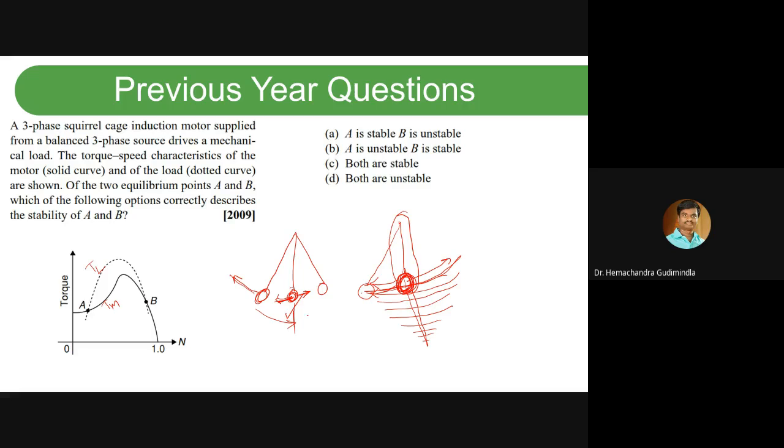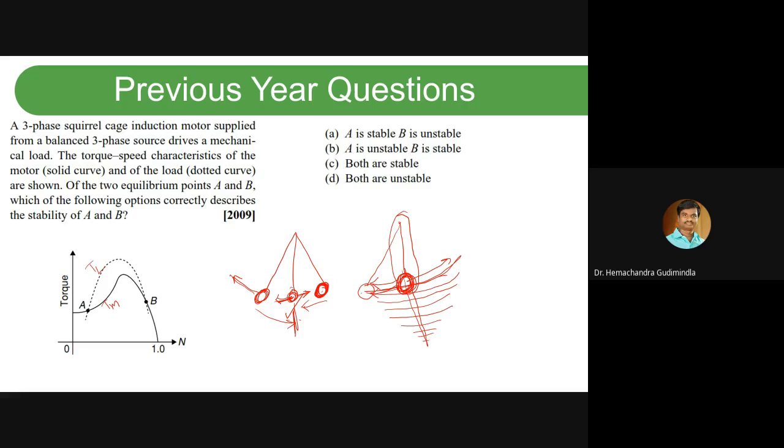Now this one also will reach this position only. That means if you create a disturbance at this location, it does not settle down at that point. It reaches another settling point. Only then can we call it unstable. If you reach the same settling point, we call it a stable equilibrium point.